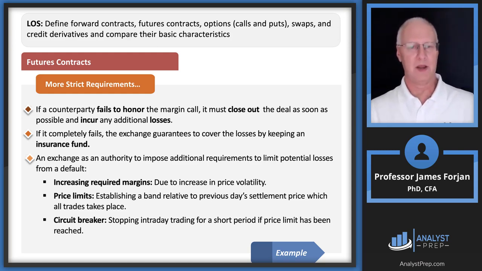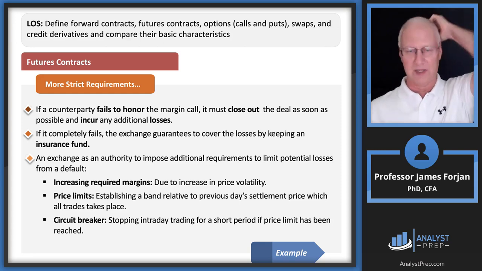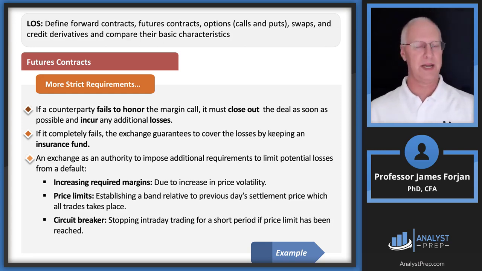So what can happen here if the exchange is losing money? Well, they can increase margins, they can establish price limits, they can establish circuit breakers, which is a big old timeout. Those circuit breakers became super popular. Actually, they were created after the 1987 market crash.